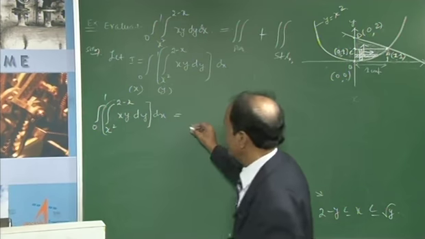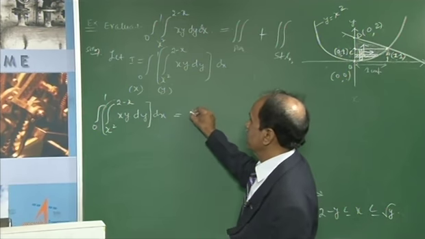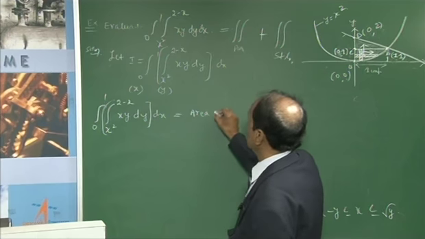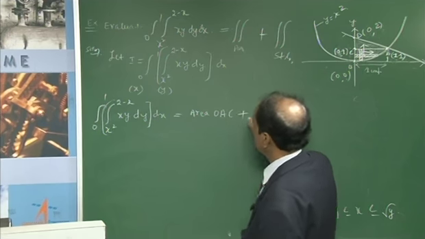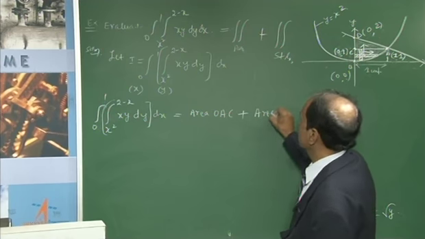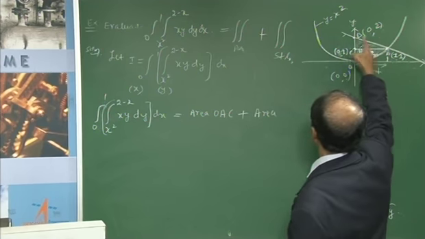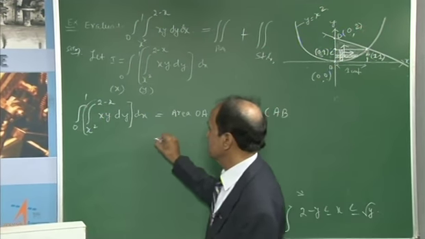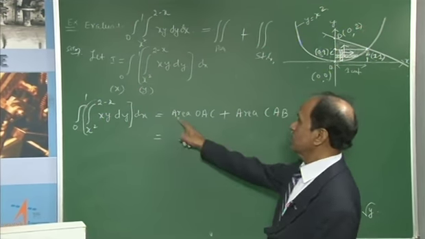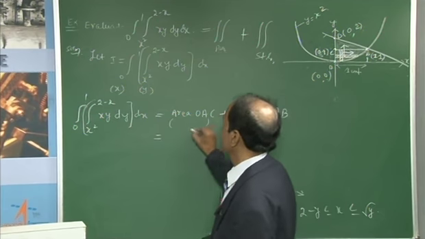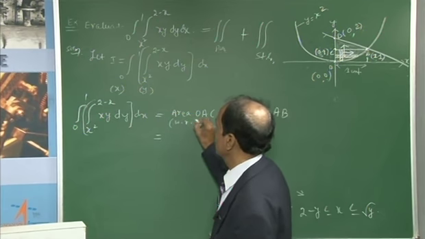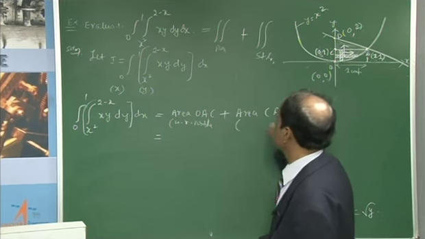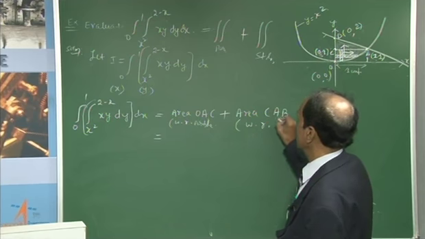That is equal to area OAC plus area CAB. Now, we assign the double integral: area OAC with respect to the parabola, and this is with respect to the straight line.